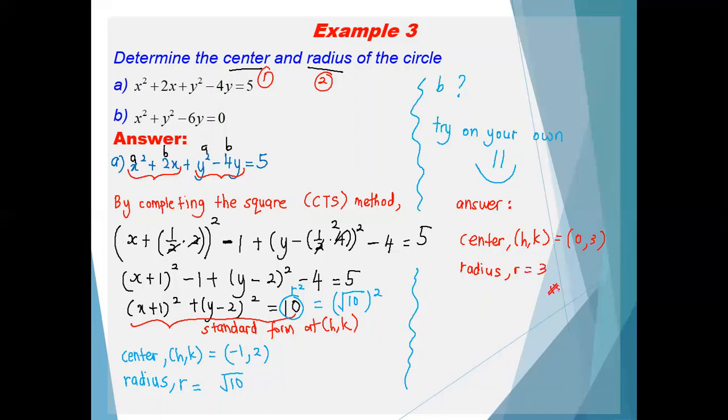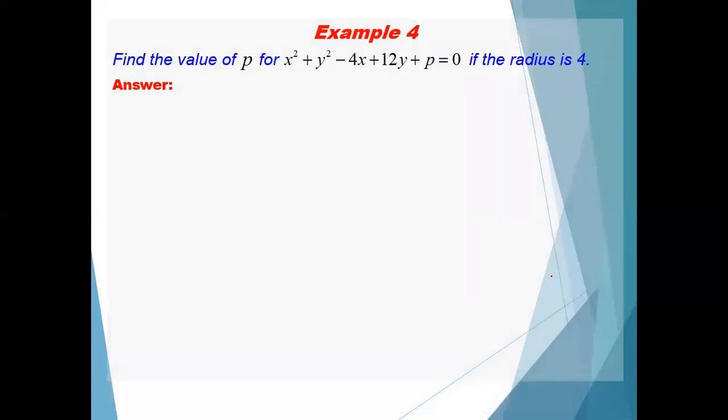So that is the answer for number 3. Okay, so next example 4.